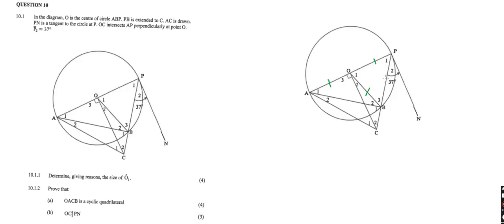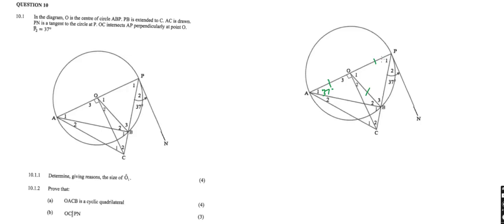We can also apply the theorem that says tangent is perpendicular to the radius, or perpendicular to the diameter. The tan-chord theorem means that P2 is going to be equal to A1. So A1 is 37 because the chord is PB, not PC. PB is the chord, and this chord subtends A1. So A1 is going to be 37 degrees.